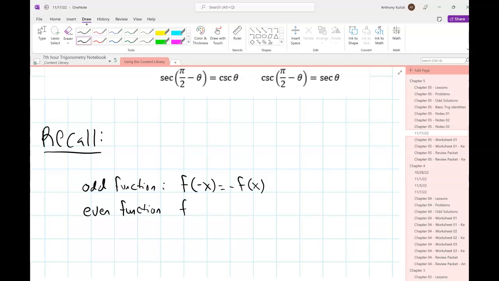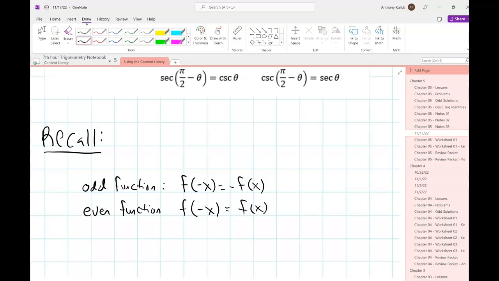And an even function was something where f of negative x is equal to f of x. You guys remember that? At least vaguely? It looks familiar. We did that.